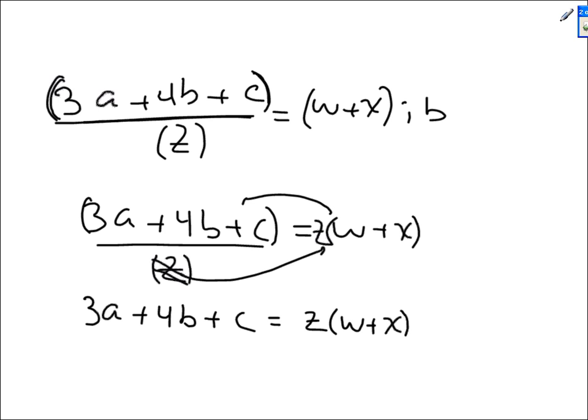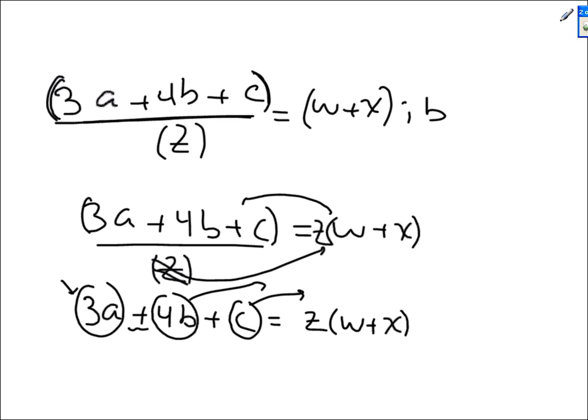Now the left side is made up of terms. This term plus this term plus that term. That's the term that has a. Okay, bring everything else to the other side. I don't care what they look like, just bring them to the other side. If they have a plus in front, put a minus on the other side.